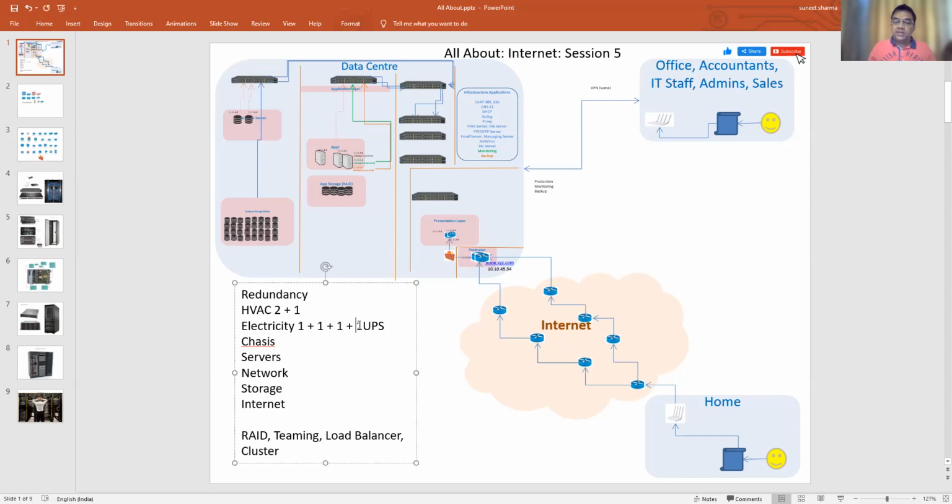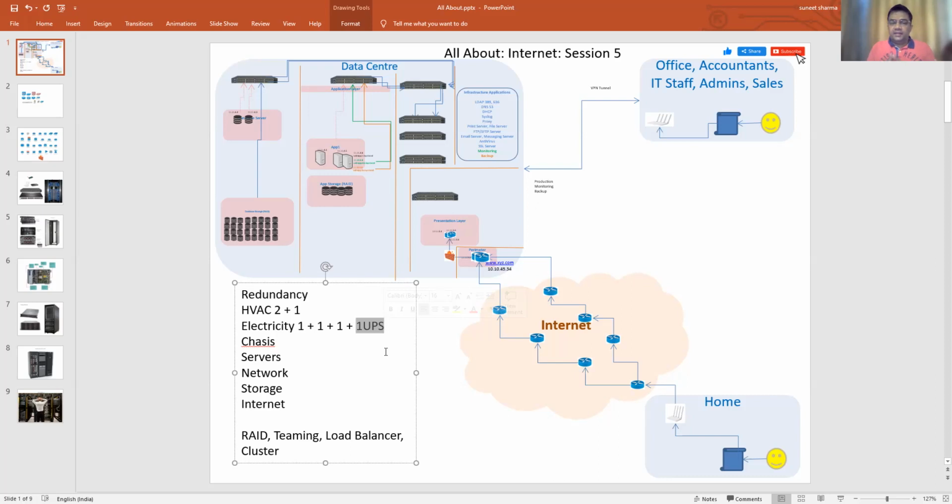And yes, UPS also. The UPS has its own mechanism for failover, right? If it is getting electricity from an outside resource, then it is not going to use the batteries that it has got.